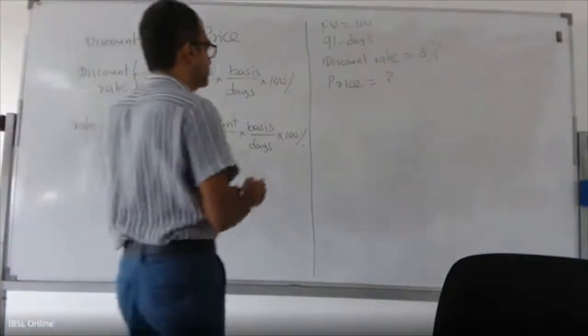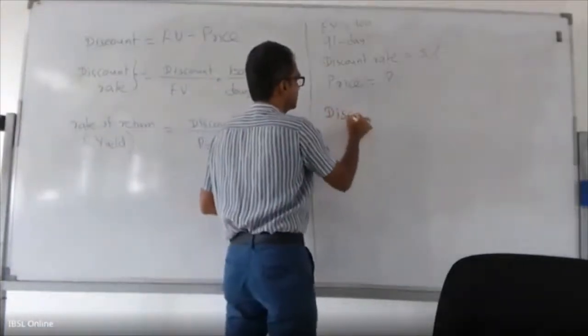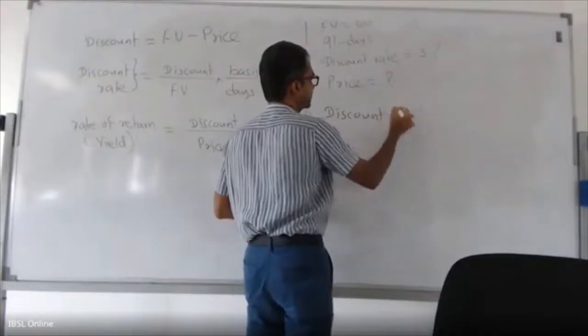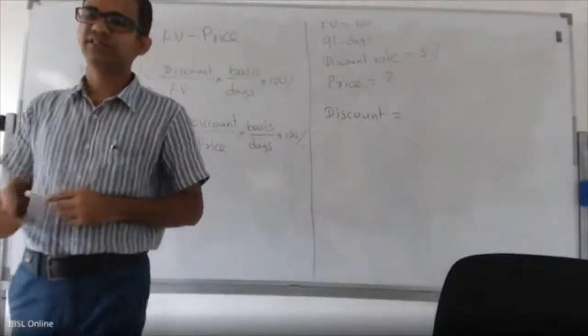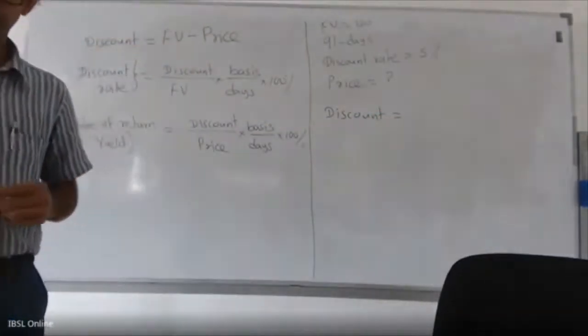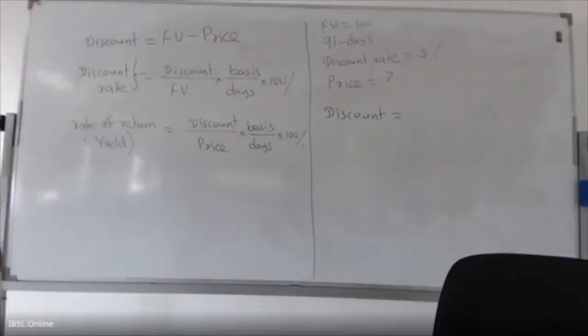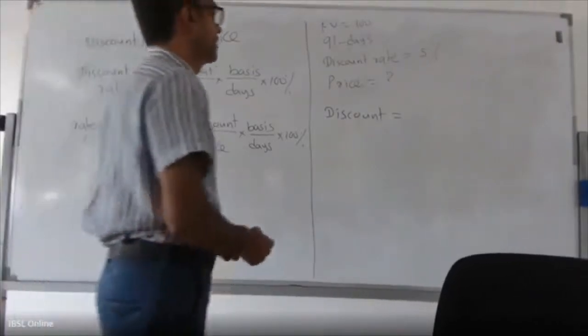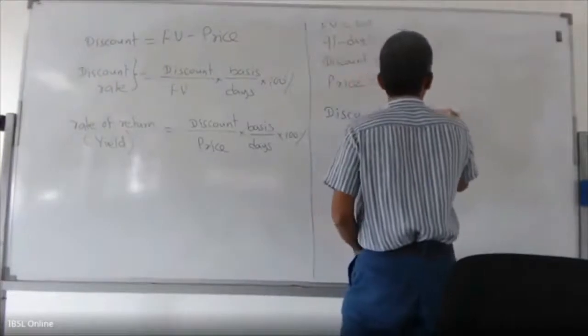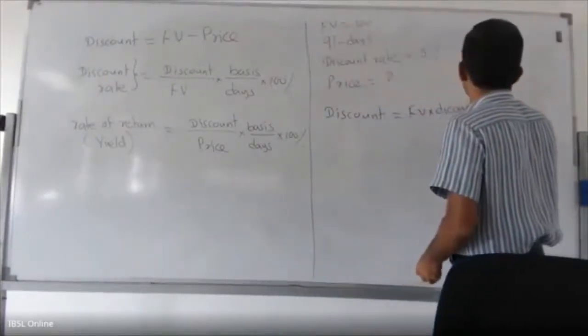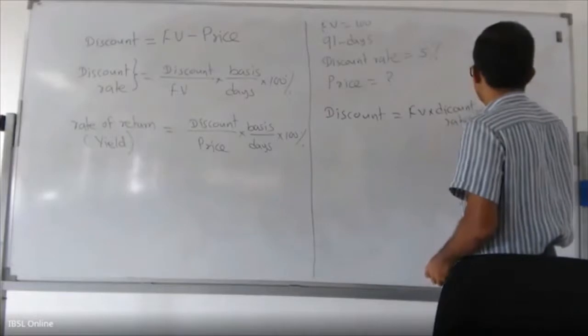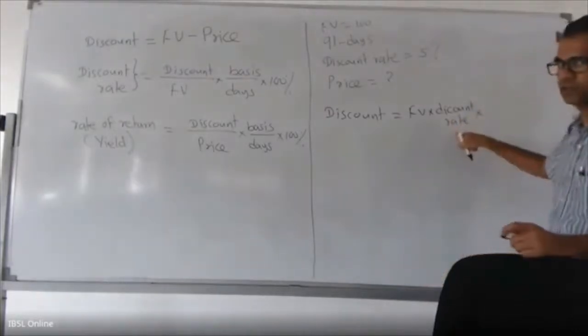First thing you can do is calculate the discount. How do you calculate the discount? Face value into discount rate, isn't it? But again, this has to be adjusted for the time.